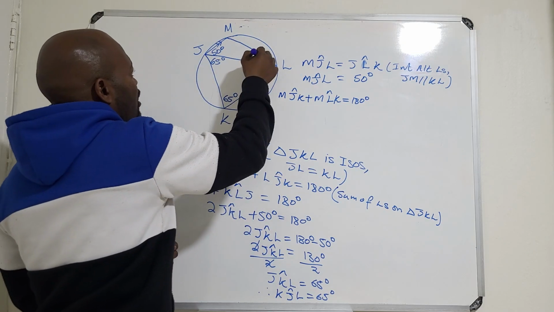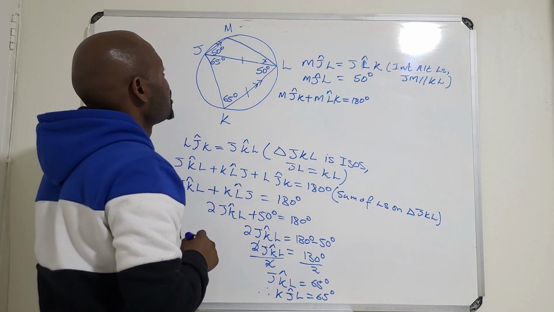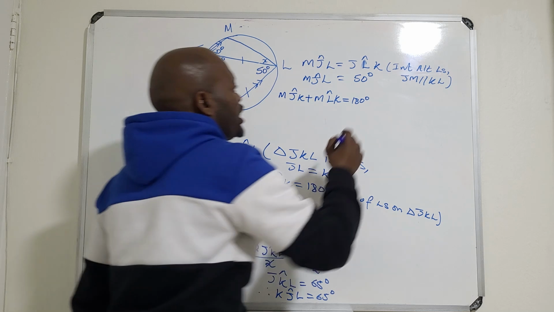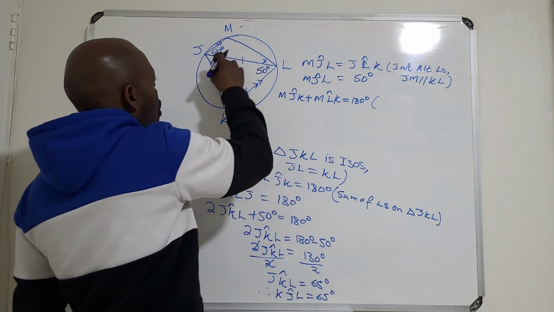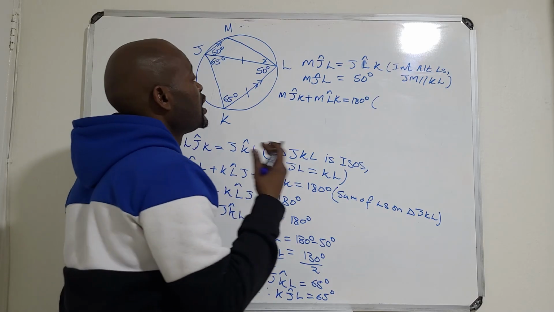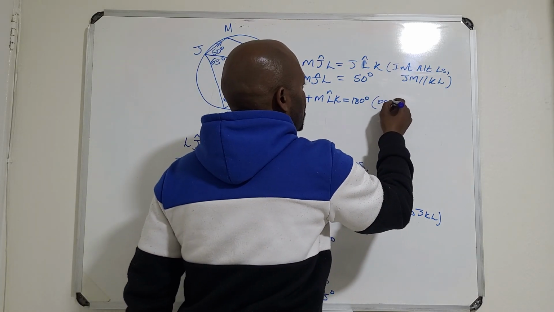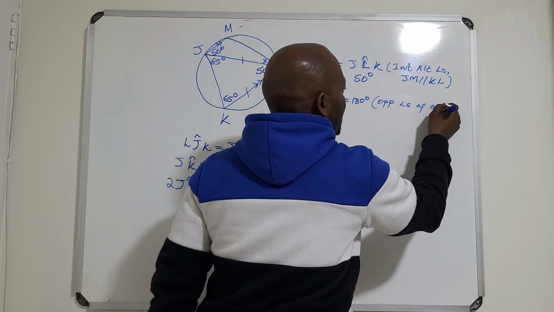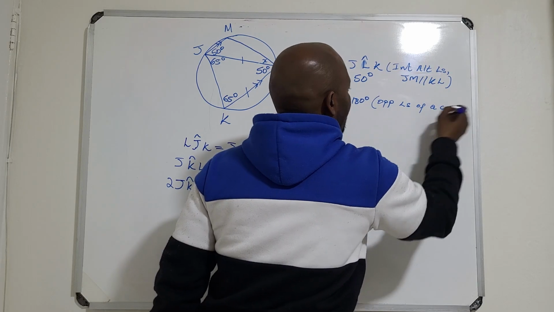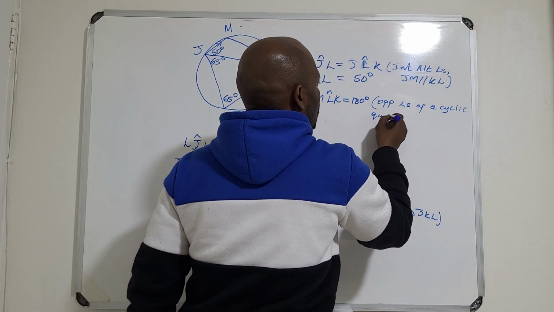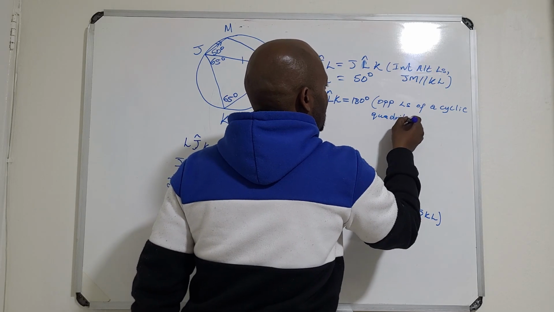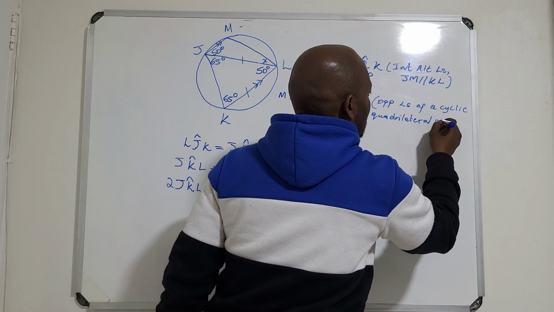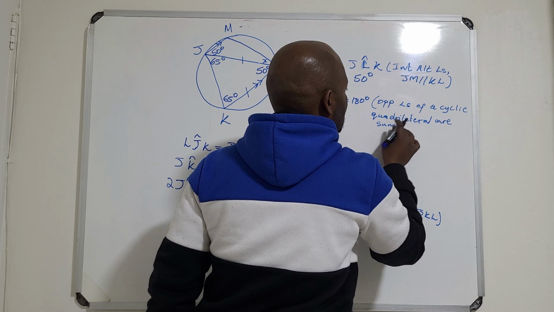Why is this angle plus that angle equal to 180 degrees? We know that MJKL is a cyclic quadrilateral. Therefore, it means that opposite angles of a cyclic quadrilateral are supplementary.